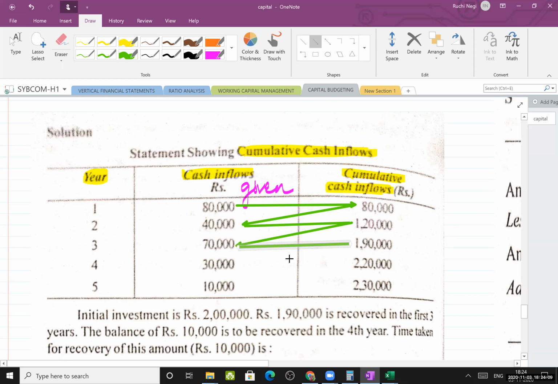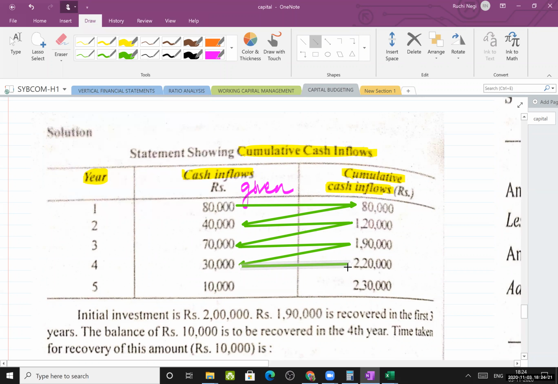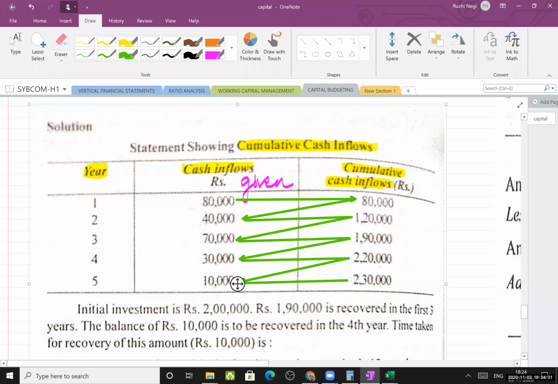Then 1,90,000 plus 30, 2,20,000. Next, last, 2,20,000 plus 10 is how much? 2,30,000. Got this clear? Cumulative cash inflow. Acknowledge it in the chat box. How will we get the cumulative cash inflow column?